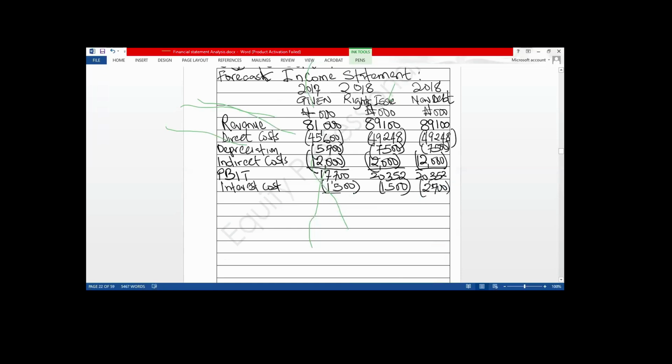You can now get your profit before tax. Profit before tax. Let's compute. This should give us 16,200, 18,852.